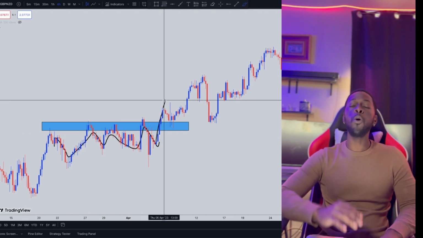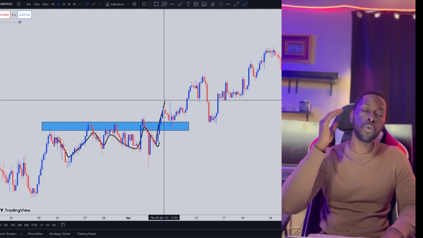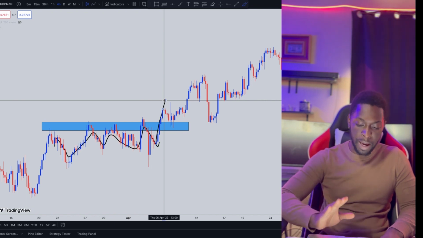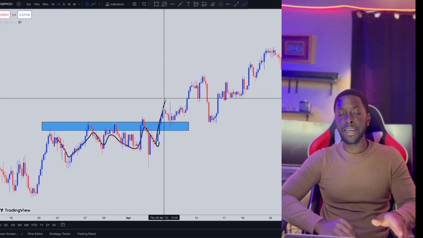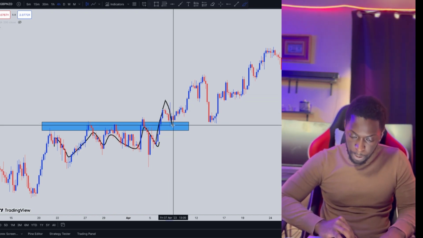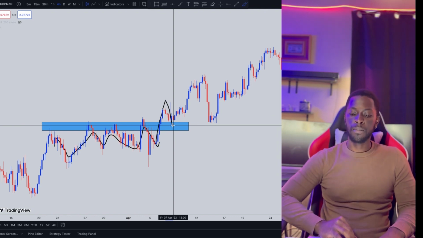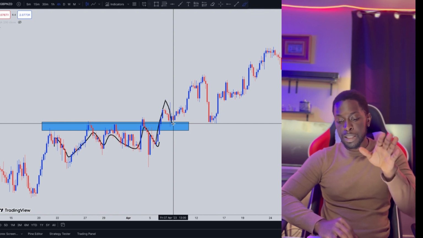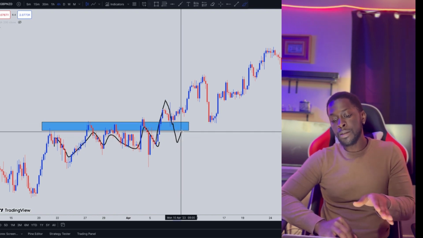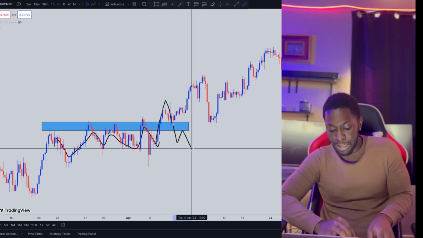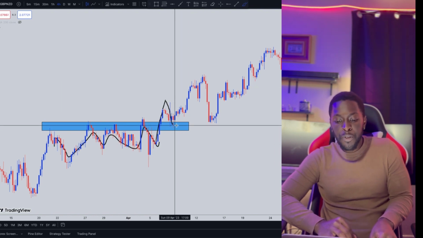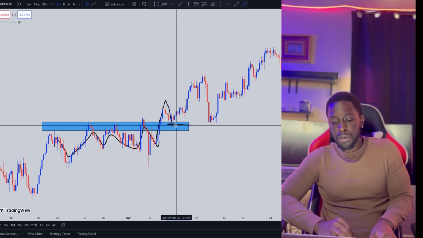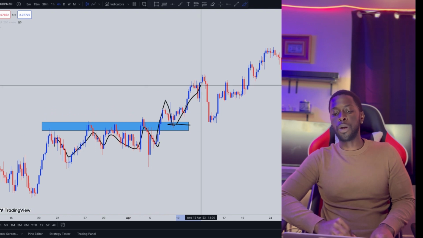And price always has to come back to the level that it broke past and retest it, which is right here, retesting it. And if that level holds up, meaning if price does not come back under it to go back to the downside, it will continue going up.